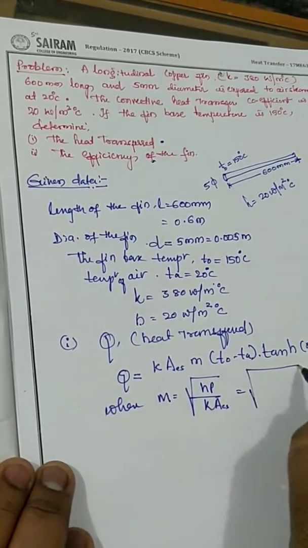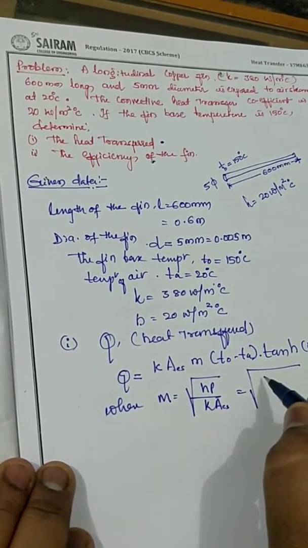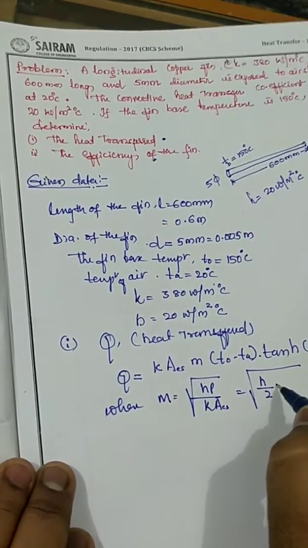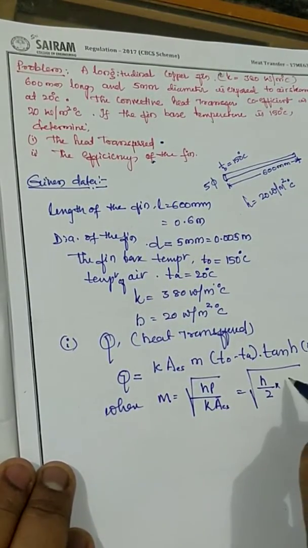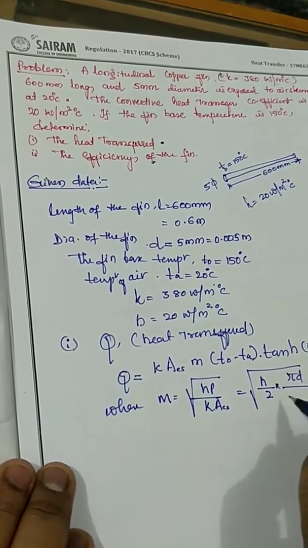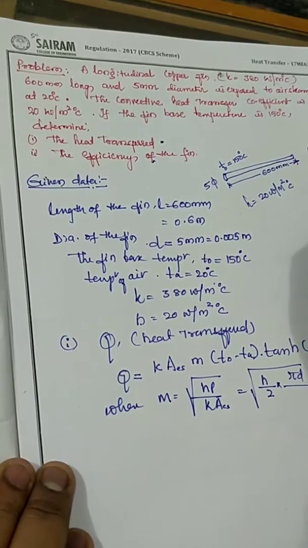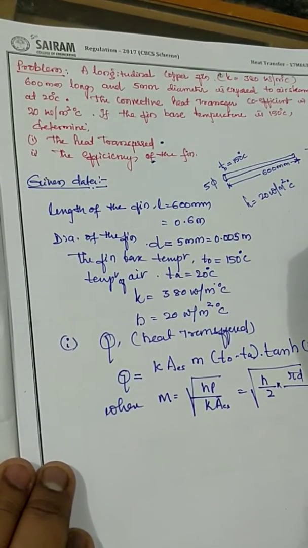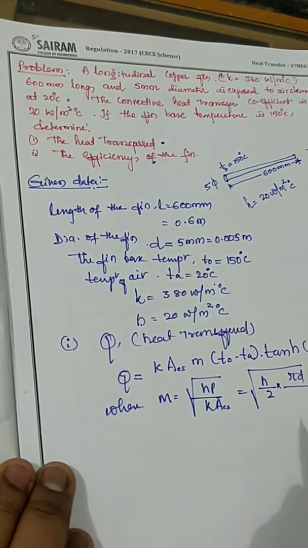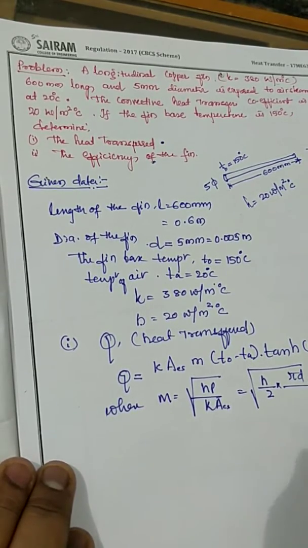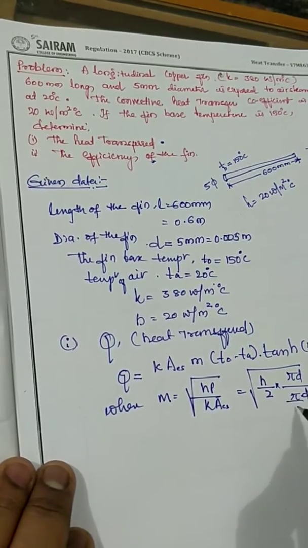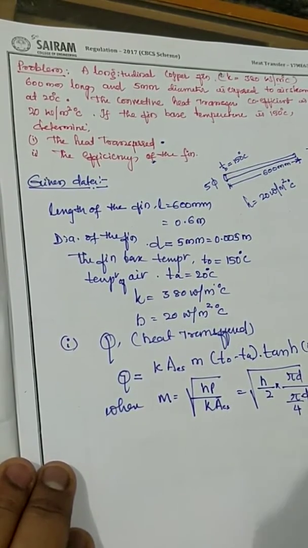Further, we have to substitute the values. The perimeter P is pi d, because the cross section of this fin is circular, so the perimeter becomes pi d, and d is given. Now the area, we know that it is pi by 4 d square.